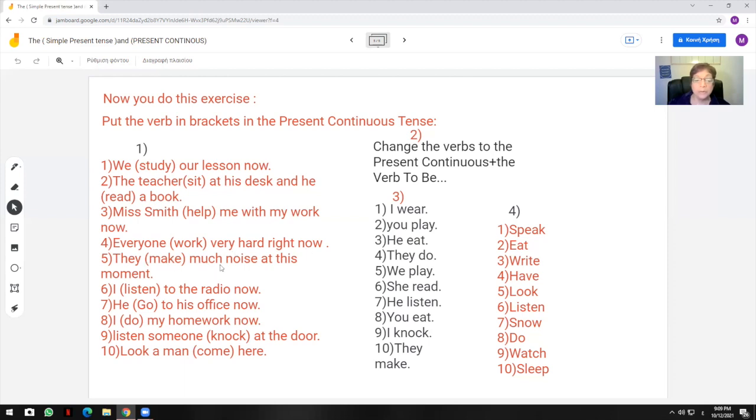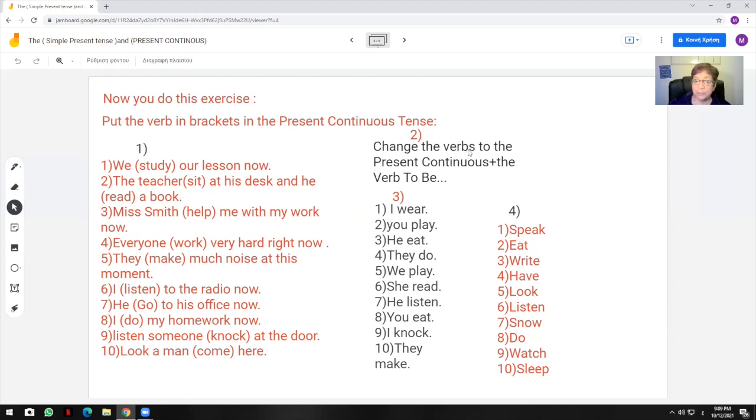They make much noise at this moment. I listen to the radio now. He go to his office now. I do my homework now. Listen, someone knock at the door. Look, a man come here.